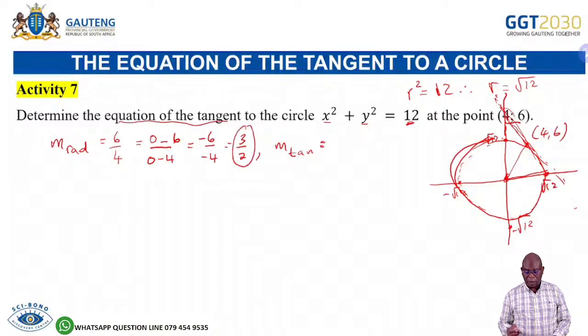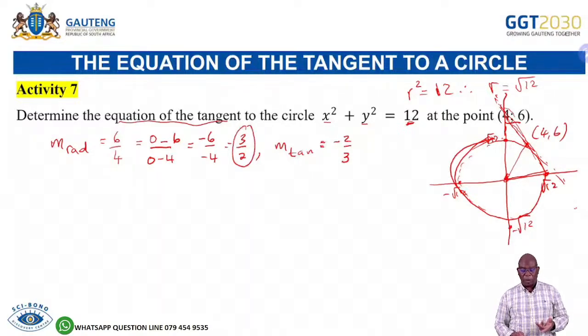What should be the gradient of that? It must be -2/3. So you take the 3/2 and make it 2/3, and change the sign.